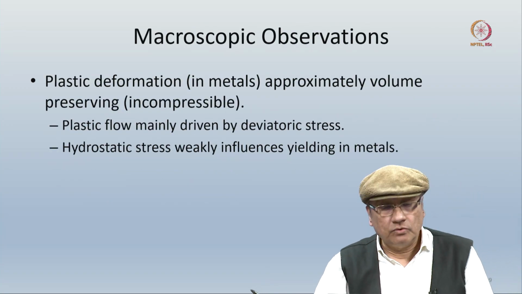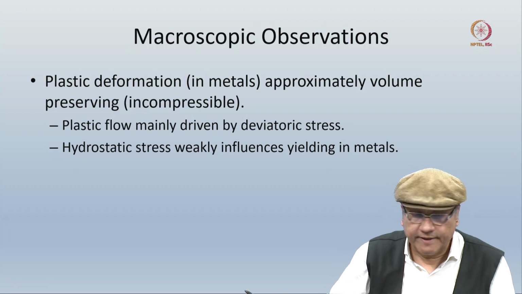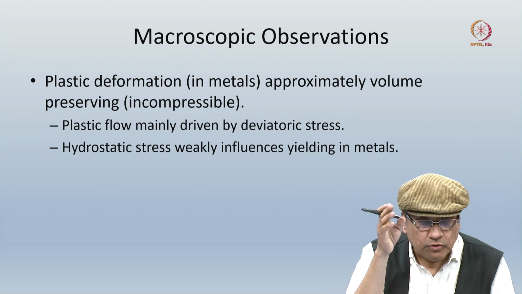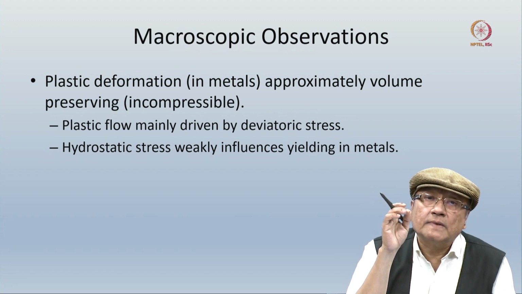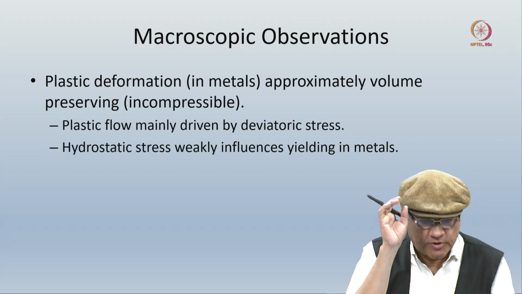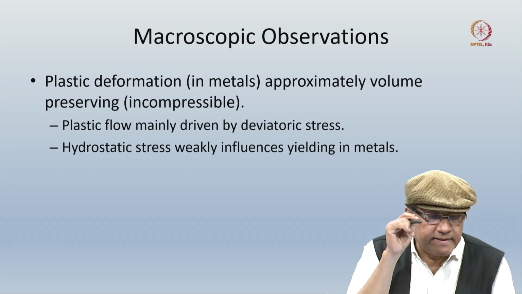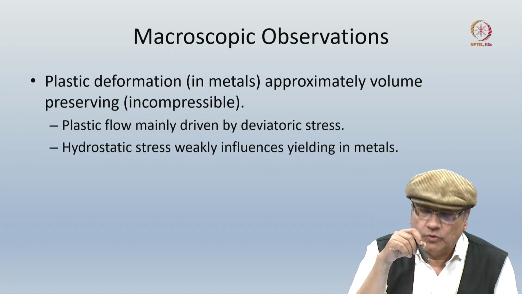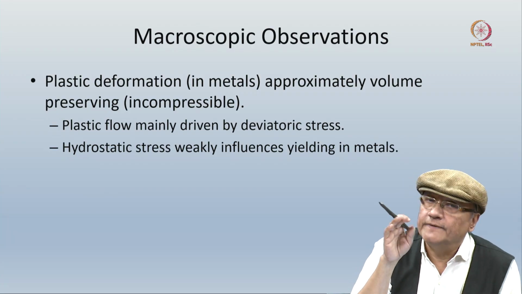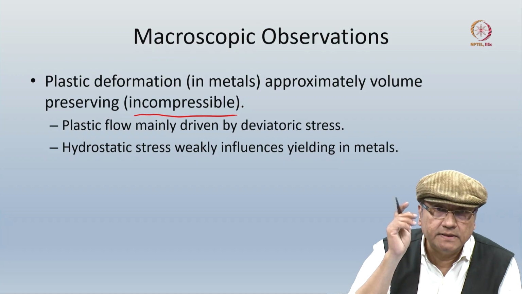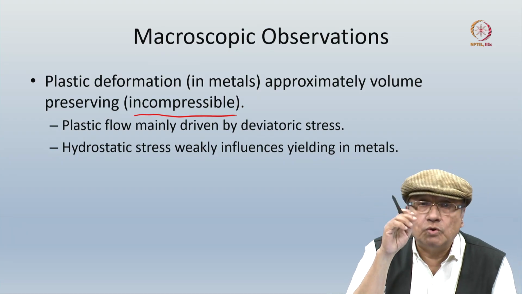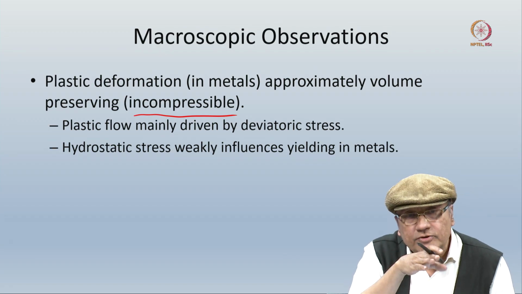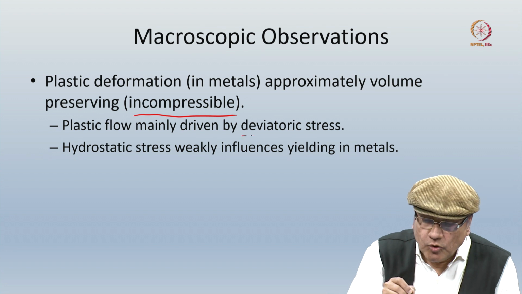So, the macroscopic observation here is that we are not now looking at dislocations, we are looking at the continuum level description. In metals, typically it has been seen from experiments that plastic flow is more or less volume preserving. That means it is more or less incompressible. So, this means that the component of stress which drives the plastic flow must be purely deviatoric.